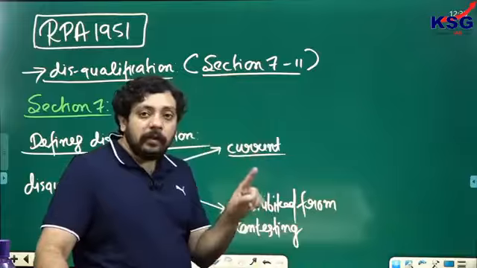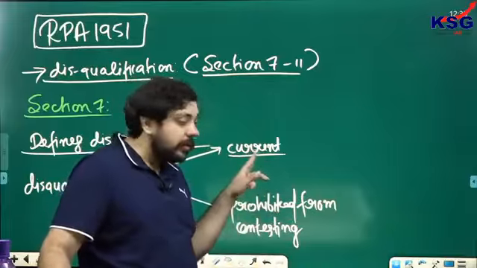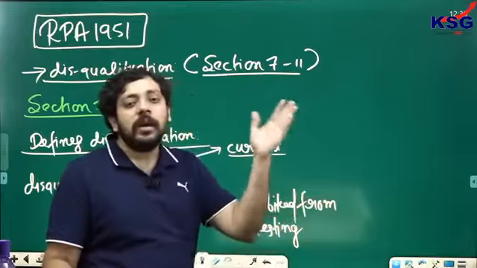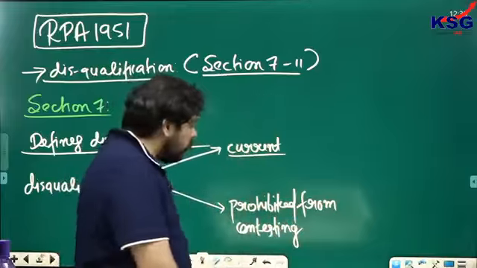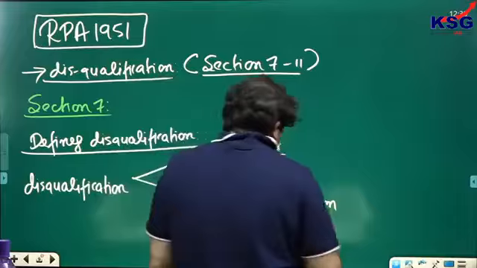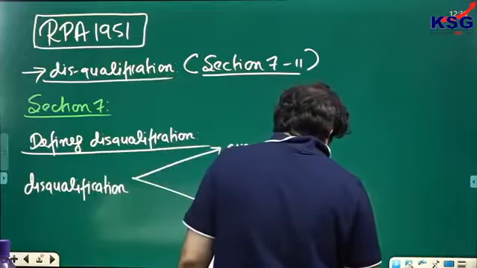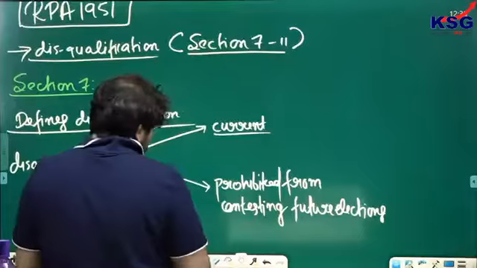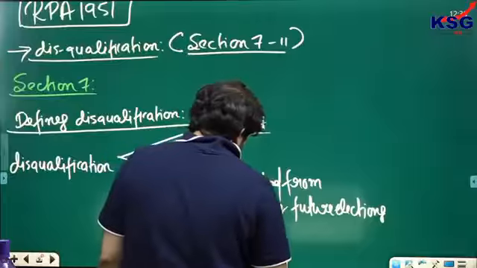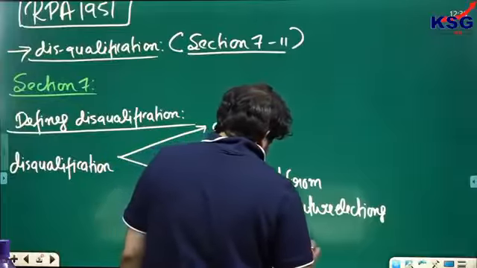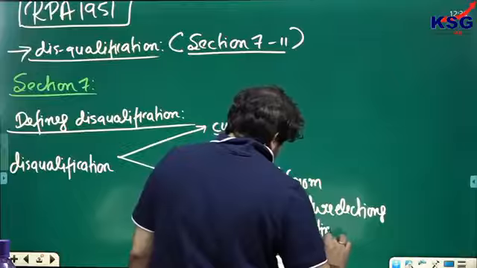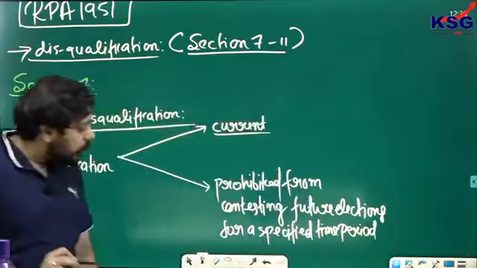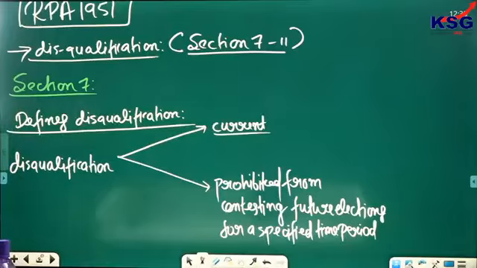Despite my popularity, I will not be allowed to contest elections, because disqualification means not only that you will be asked to leave your current position, but also that you will be prohibited from contesting future elections for a specified time period.